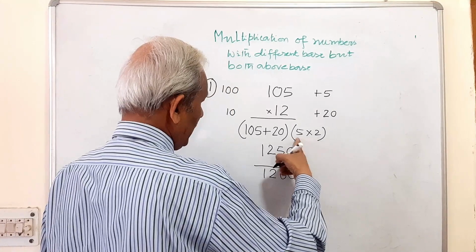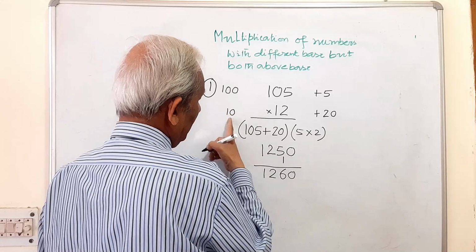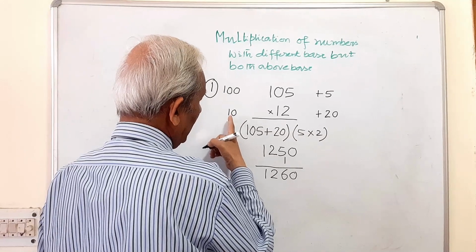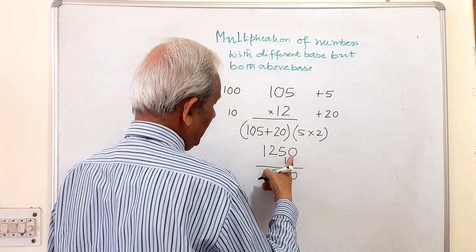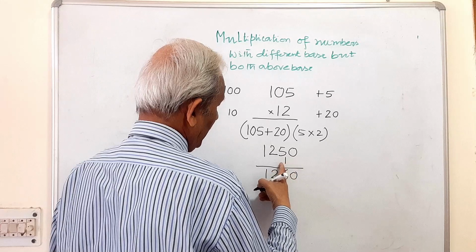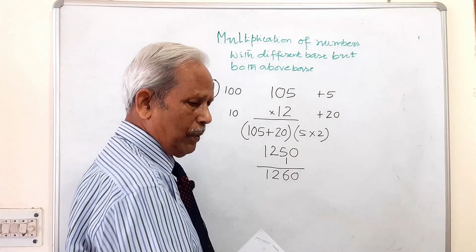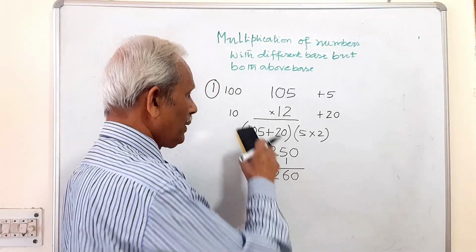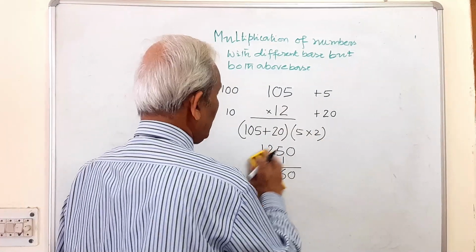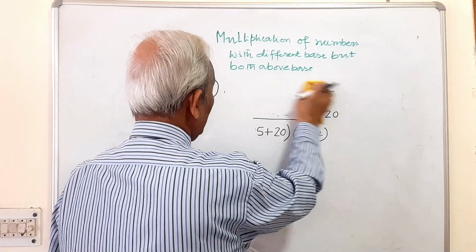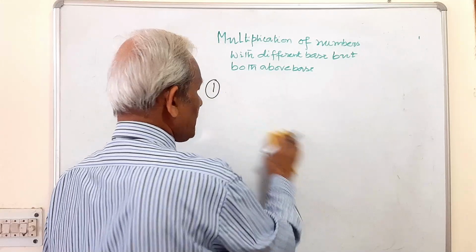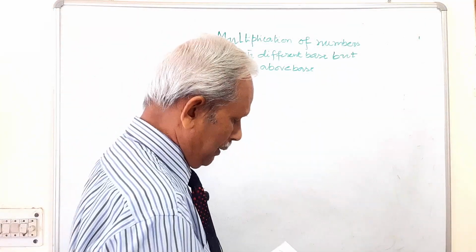Since this is 10, but in the base of the smaller number there is only one zero, so you can have only one digit here. So we'll put 0 here, 1 carried here. It total is 1260. That is the answer. I hope you have followed it. Things are simple, but once you have to follow it, then things will become very simple for you. I'll do the next question so that you can understand it if there is any doubt.